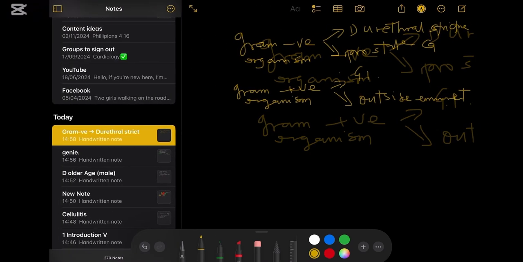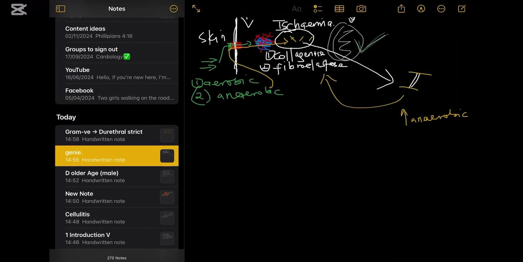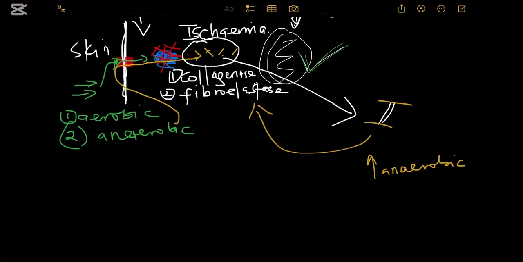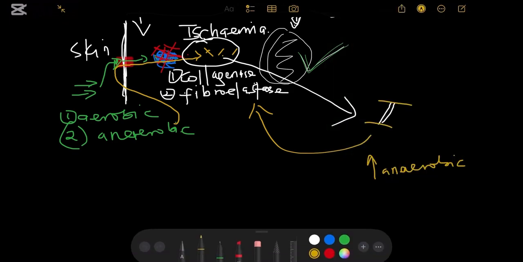So back to what we were doing before. Okay, so now, like I said, let us recap. The skin is breached. If the skin is breached here, we are expecting an aerobic, forgive me for always saying anaerobic, an aerobic organism to go in first.